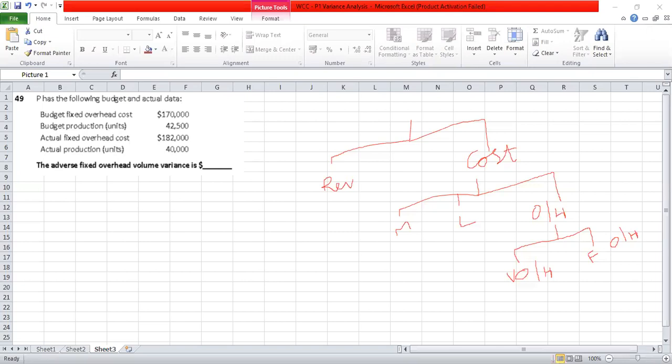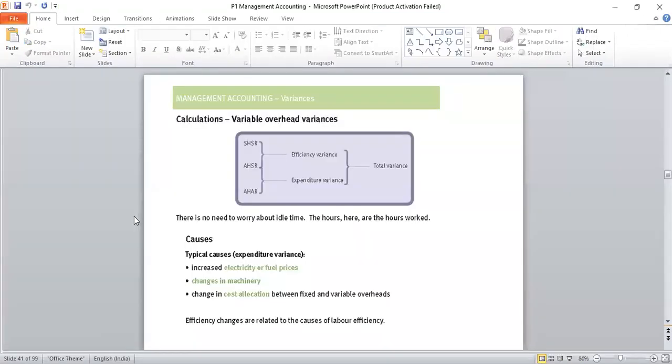The other day also I mentioned to you that variable overheads will go on par with the material variances and labor variances. The way the material cost is split into price and usage, price and usage are calculated as the difference in the price applied at the actual activity, and the difference in the quantity applied at the standard rate.